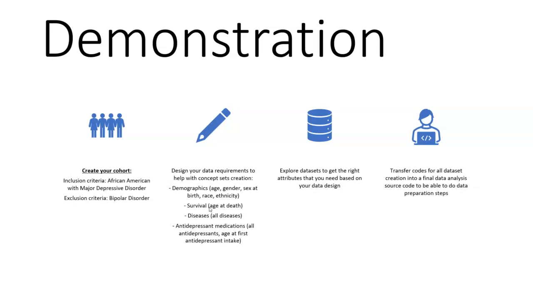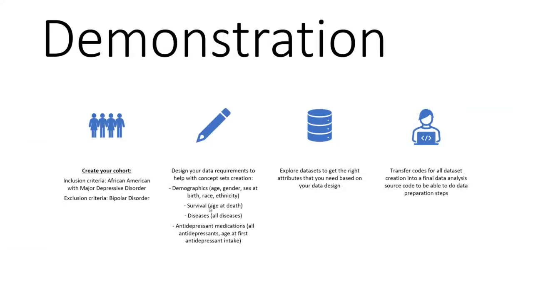A birth date is sensitive, a death date is sensitive in some scenarios, but age is something that cannot be easily traced back to the person. For example, there's a person that I reported an age of death of 65. If they don't know when they died, they cannot really trace that person. There's a lot of people who died at 65.